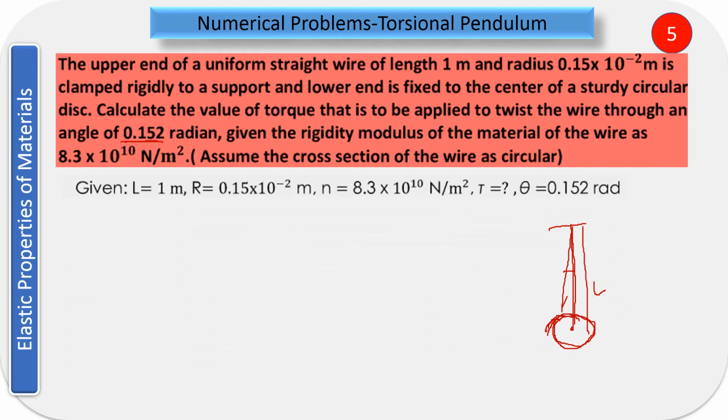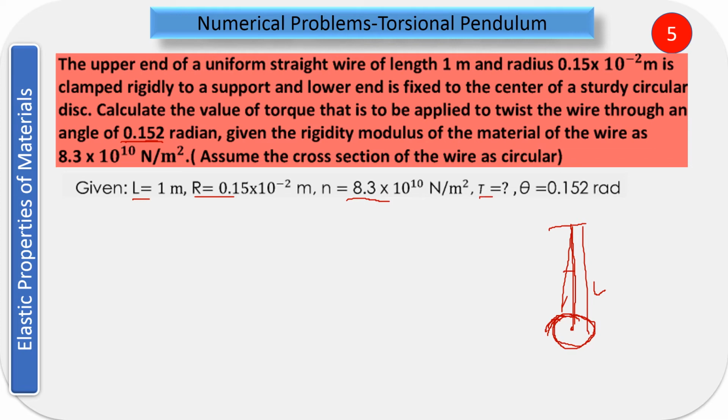So now let us see what the values given are. Length of the wire is given 1 meter, right? Radius of that wire is given 0.15 into 10 to the minus 2 meter, and modulus of rigidity is given. So we call eta is equal to 8.3 into 10 power 10 Newton per meter square.